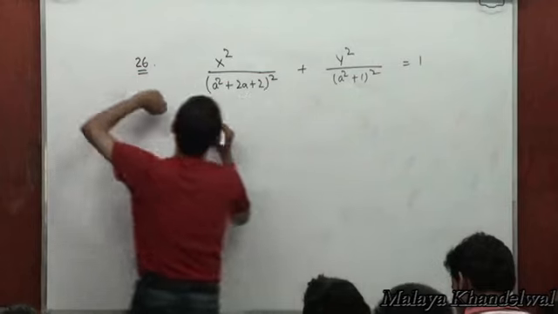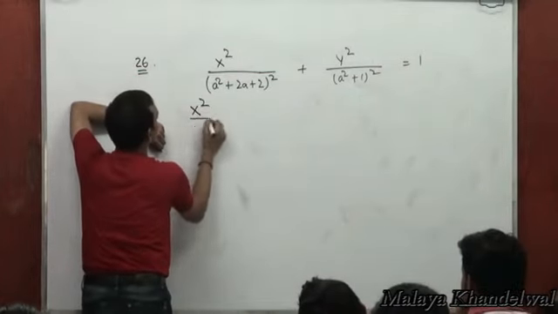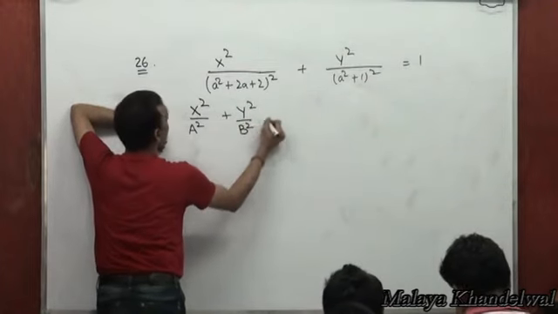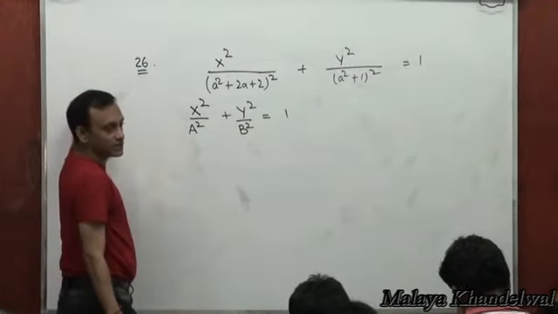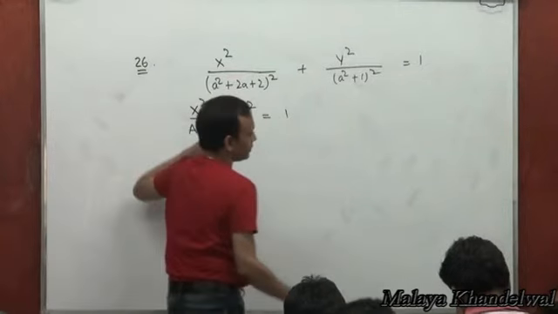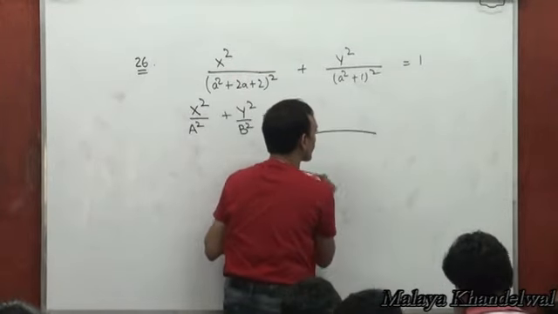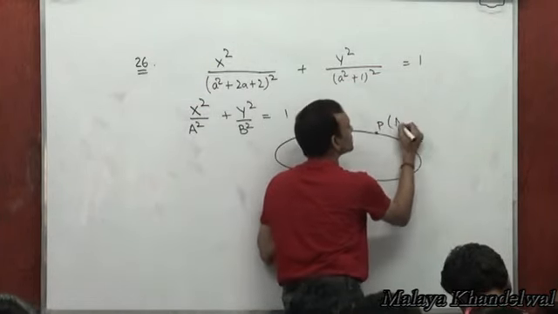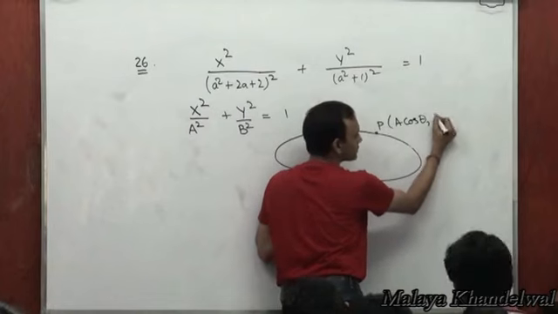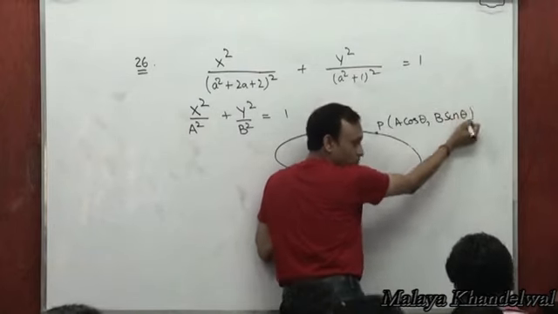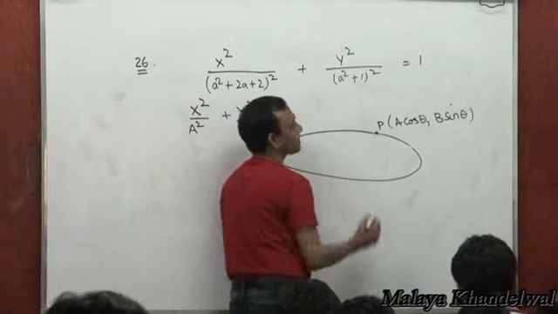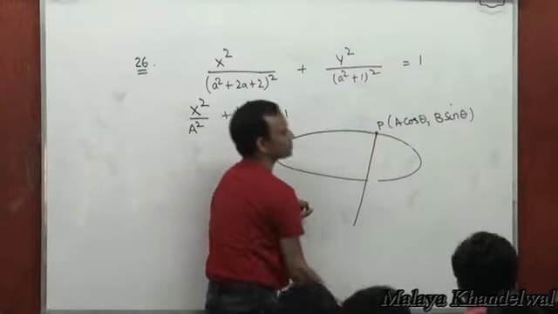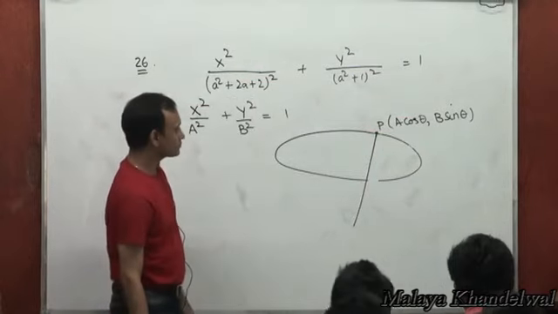Just for the ease of writing, let me write this ellipse as x squared by a squared plus y squared by b squared equal to 1. Any point P on this ellipse can be written as a cos theta and b sin theta. Now at this point, a normal is drawn.